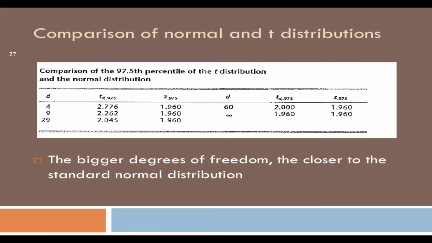So S is 2. And then the lower bound is X bar 5 minus 2.045 times 2 over square root of 30. And thus that gives you a 95% interval.